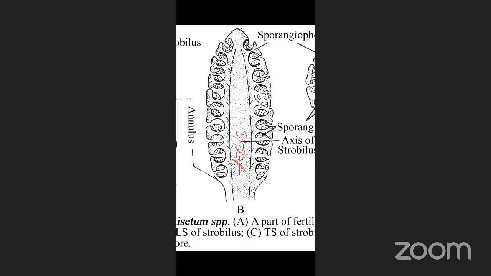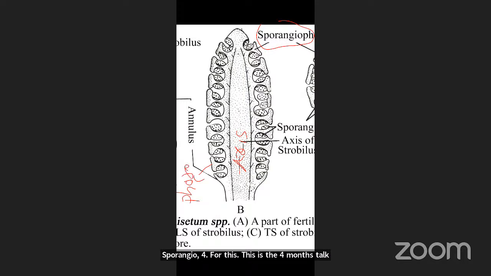On the axis, leaves, that is sporophylls, would be present. But instead of sporophylls, sporangiophores are present. Phore means stalk. Sporangiophore.